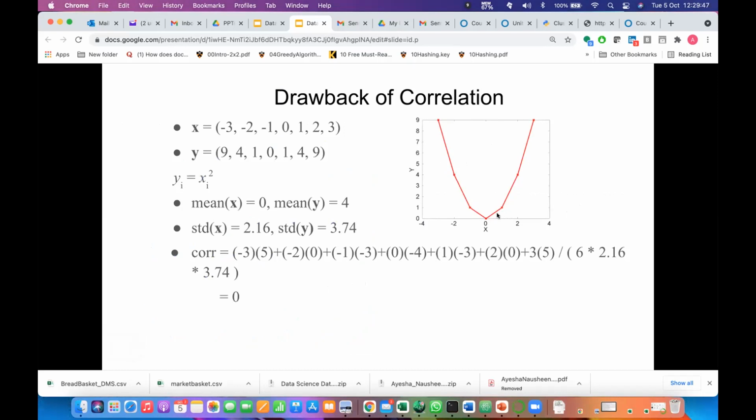But in the second part, as X increases, Y also increases. If you don't see it as two parts, simply by computing the formula, you get 0. This is one problem with correlation. There is actually correlation, but this 0 is the differentiating term. Before 0, the correlation is different. After 0, the correlation between X and Y is different.